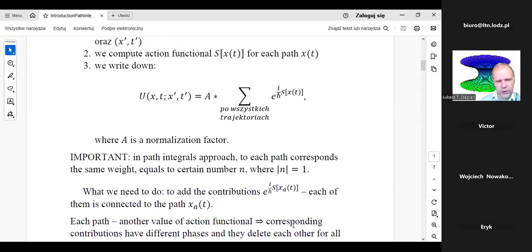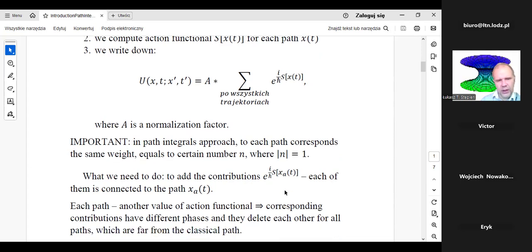So what we need to do is add the contributions, and each such contribution is connected to a path x. Each path gives another value of the action functional.